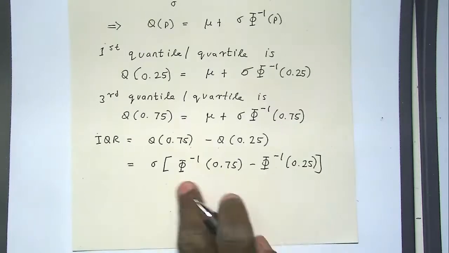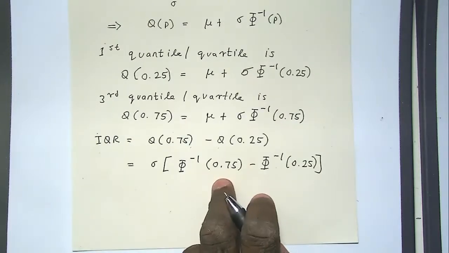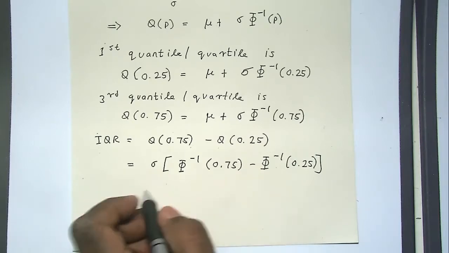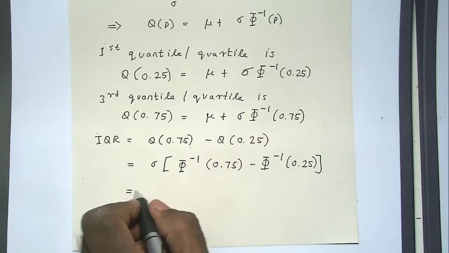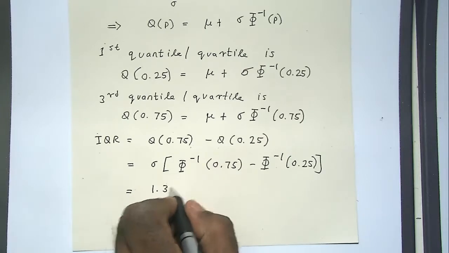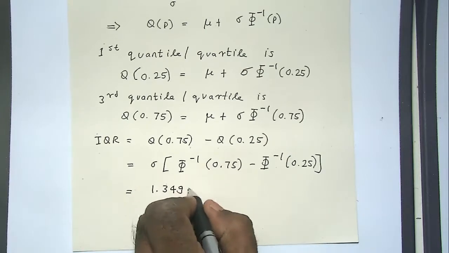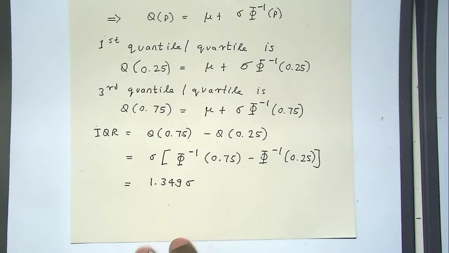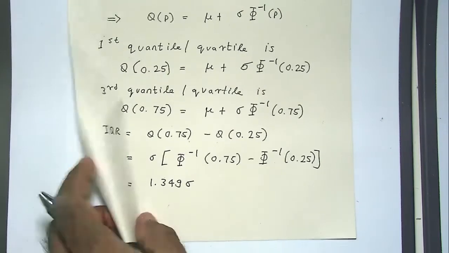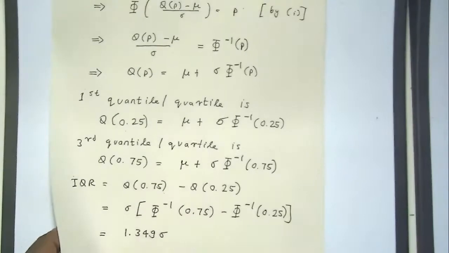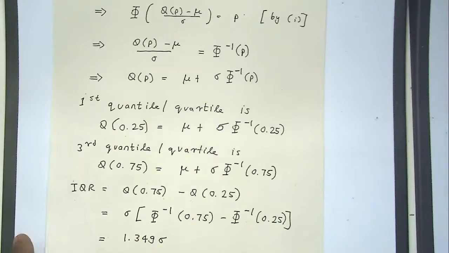Now, you can read this off the normal table I mentioned in the class. Was it this week or last week? I can't remember. If you read this off the table, you will get 1.349 times sigma. That completes part 2 of question 6.